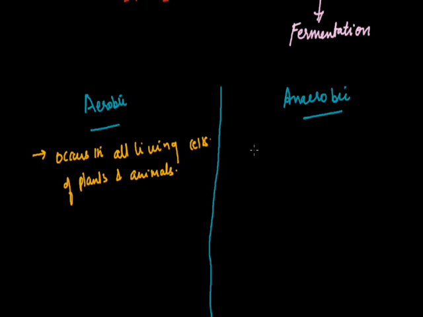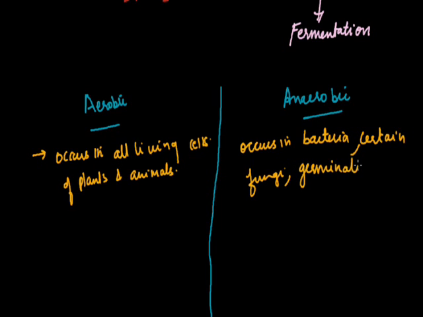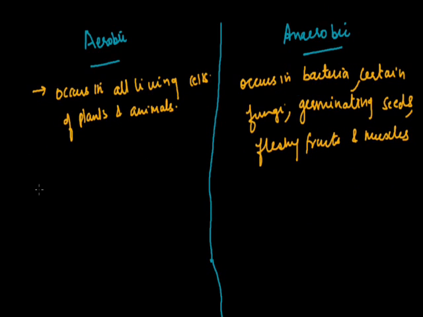On the other hand, anaerobic respiration occurs in bacteria, certain fungi, germinating seeds, fleshy fruits, and mussels.